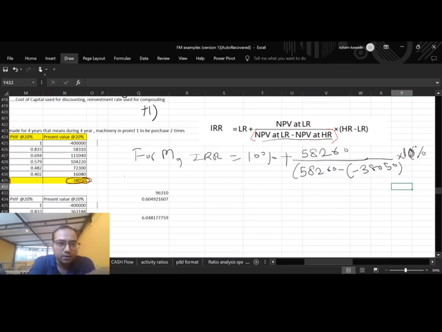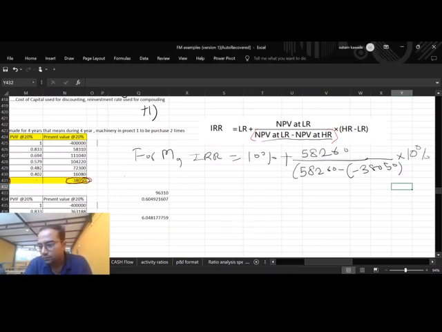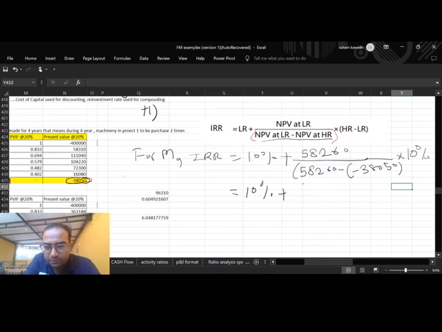Let me draw it again so that there is no confusion. So 10% plus 58,260 divided by 58,260 plus 38,050, how much is that?